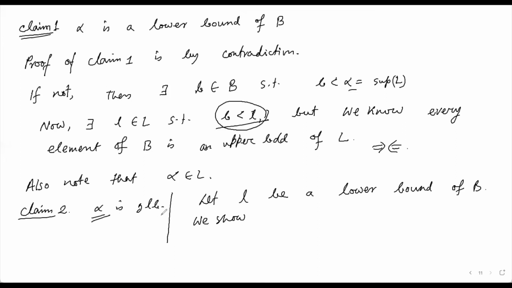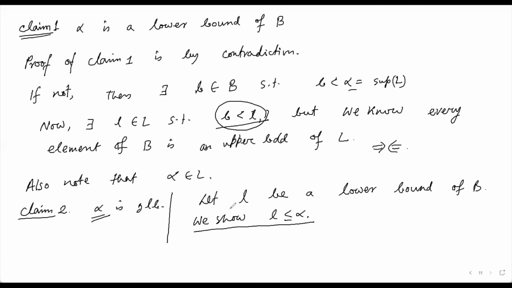This is the proof of claim 2. So let l be a lower bound of B. We show that l is less than or equal to alpha. So this is what we need to show, to show that alpha is the greatest lower bound.